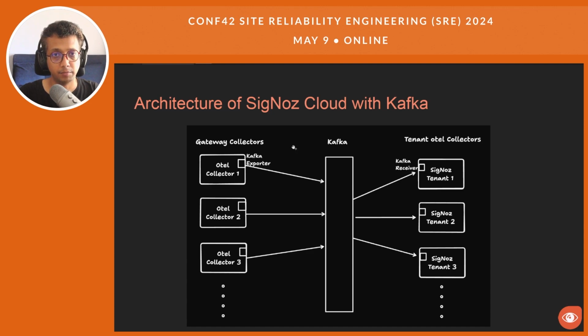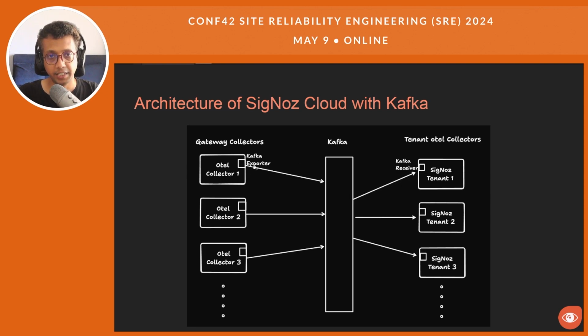So we have a Kafka setup here. I'll get into more details on the setup and the configuration for that. And then in the SigNoz tenant, which also has an OTel collector in it, we enable the Kafka receiver and get data from Kafka there.